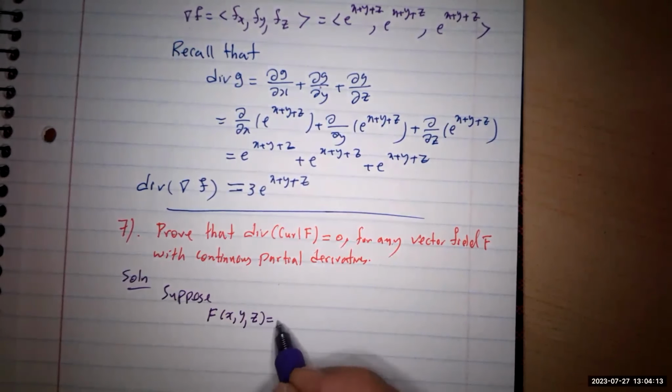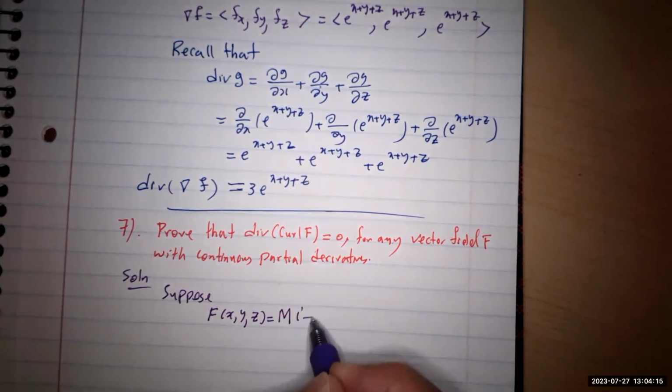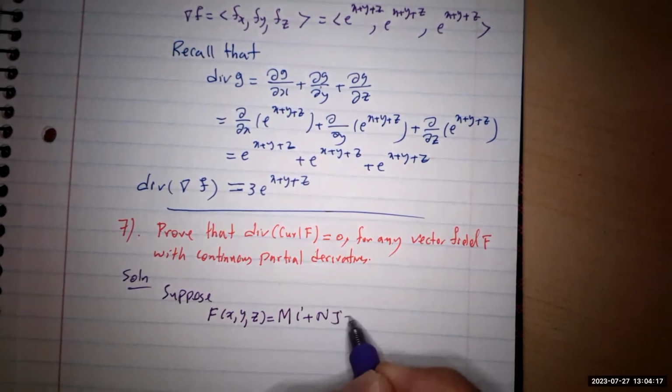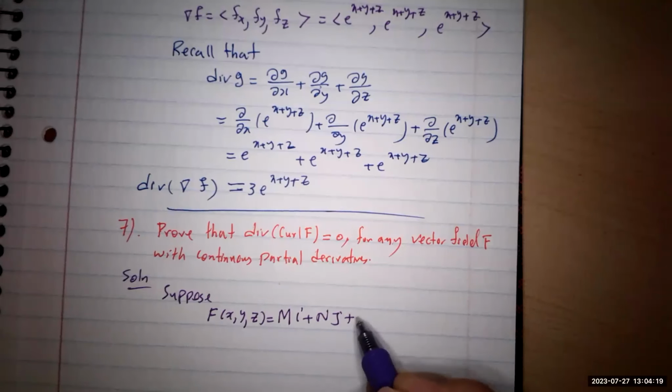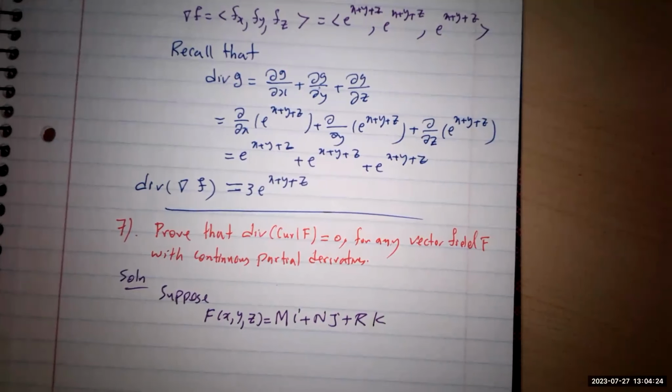Start with your function M times i, N times j, R times k, where M, N and R are real valued functions of the 3 variables.